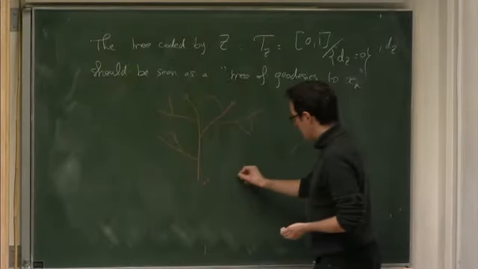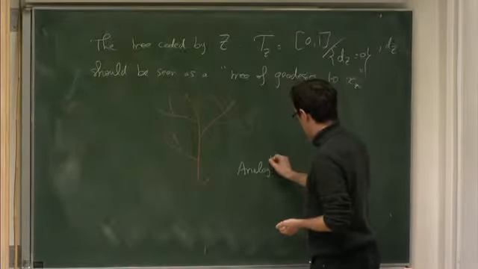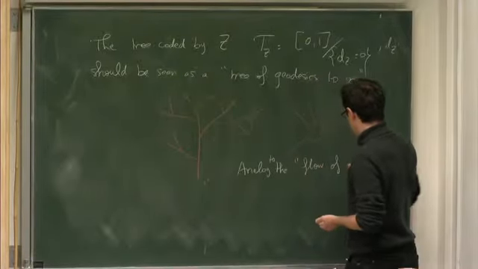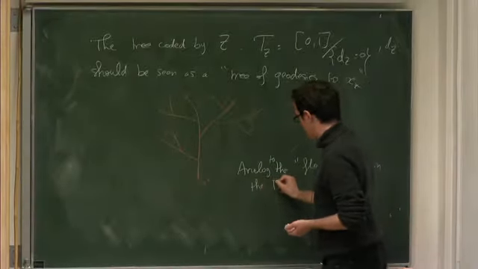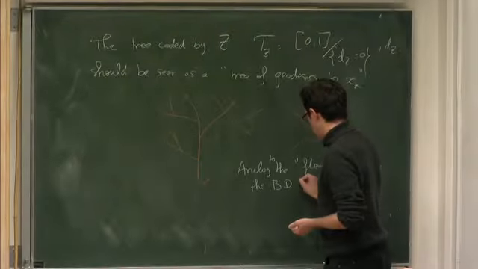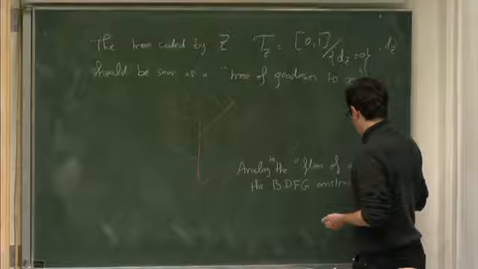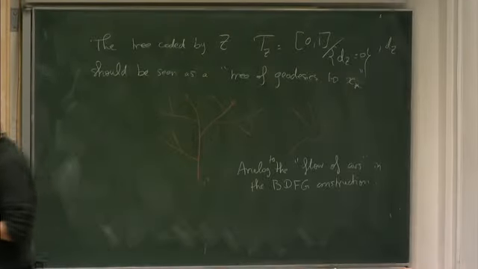Okay, so it's analogous to the flow of cars in the Bouttier-Di Francesco-Guitter construction that I gave earlier. Okay.